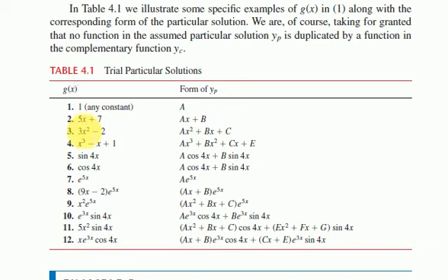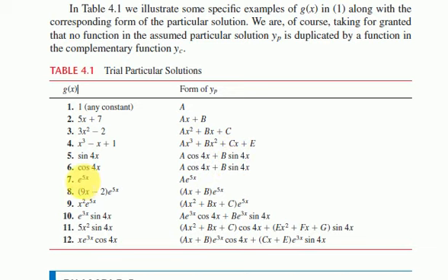If it is a quadratic like 3x square minus 2, that will be ax square plus bx plus c. If it is cubic, third order, this will be like this. If it is sine 4x, we take a cos 4x plus b sine 4x. In sine and cos we take both functions, because when we differentiate yp, both cos and sine terms are present.